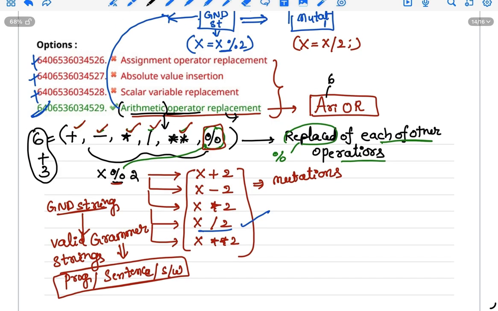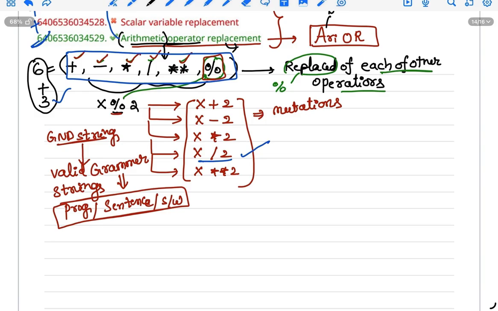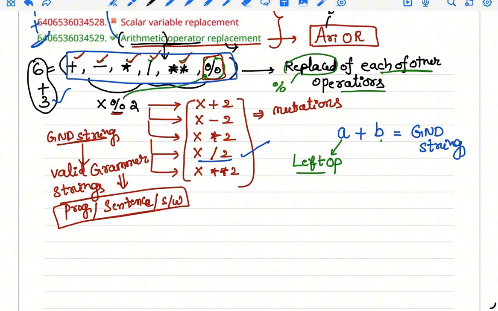You have to remember these 6, and you have to remember the other 3 also. For example, a plus b is the ground string. In this ground string, a is the left operand and b is the right operand.